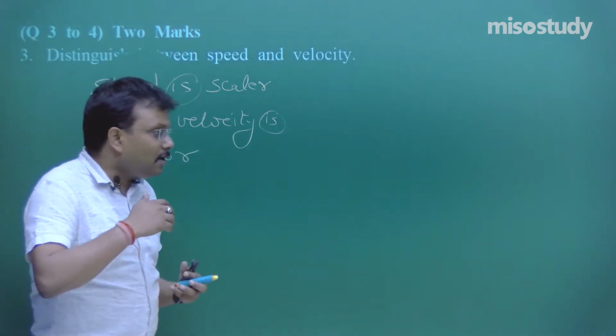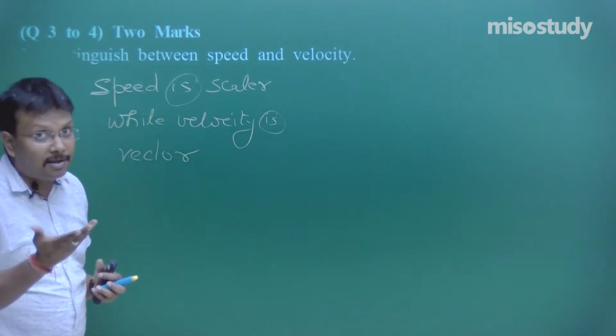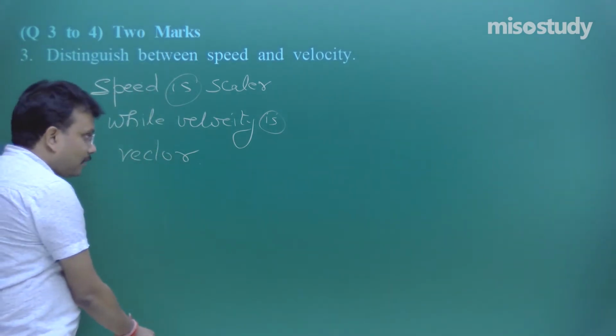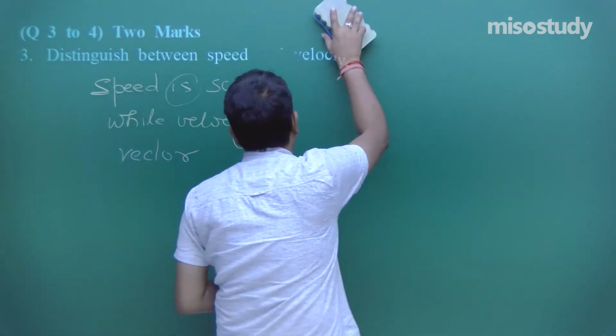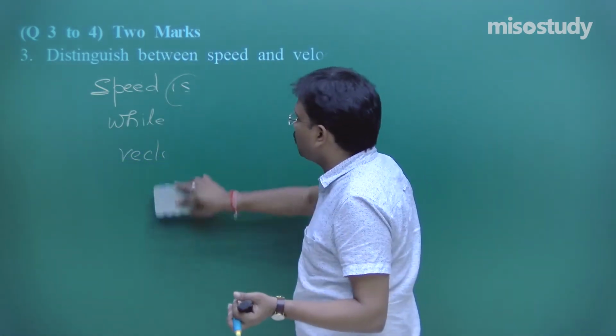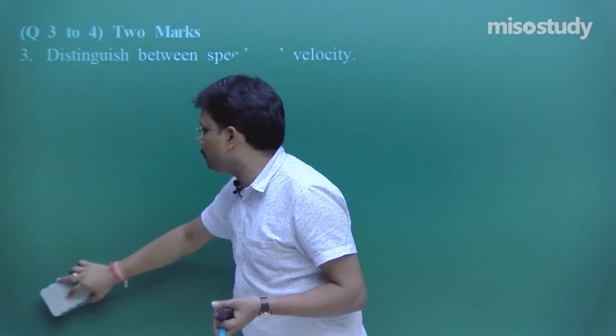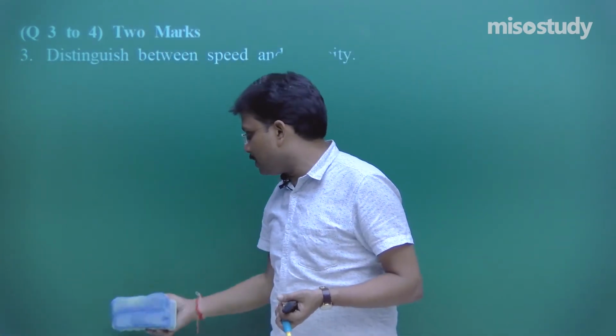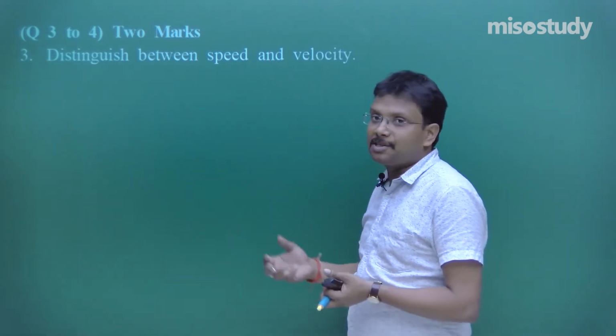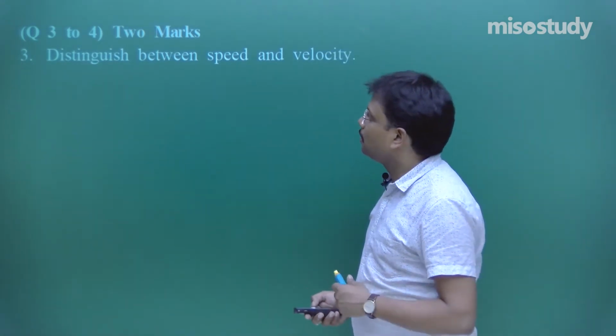Fine. So if you start practicing like this, I am sure you will be able to score good marks. And this approach we want to inculcate in the minds of all of you. That's why we decided to pick up this task to explain to you.